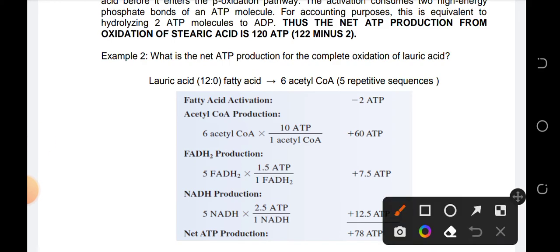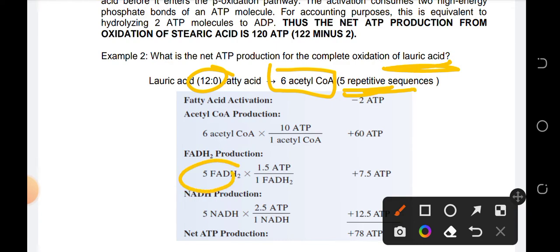So, ito, another example from lauric acid naman. Lauric acid has 12 carbon atoms. So, alam natin that makakaproduce siya ng 6 acetyl-CoA and 5 repetitive sequence. During that 5 repetitive sequence, makakaproduce tayo ng 5 FADH2 and 5 NADH with corresponding multiplier 1.5 ATP and 2.5 ATP respectively.